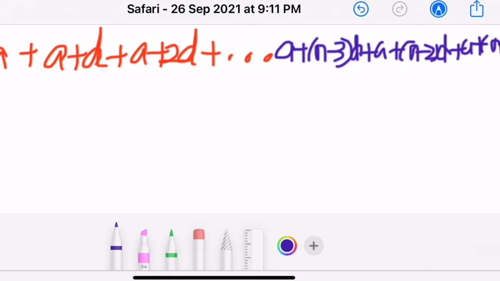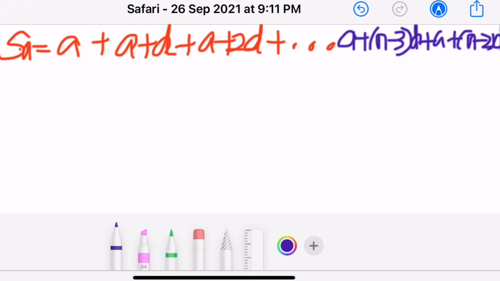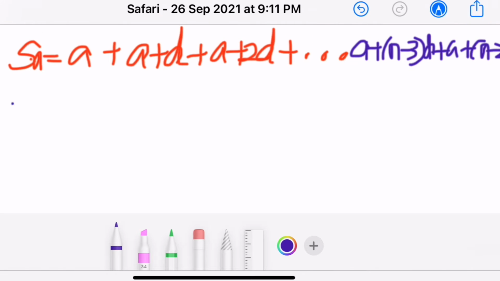Okay, there is a d there. Basically that is how we add. We have to rewrite it again. Our Sn, if we write it the reverse way, starts with a plus n minus 1d, which is the last term, right?